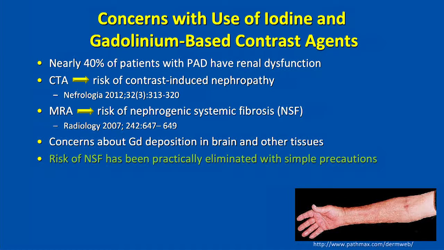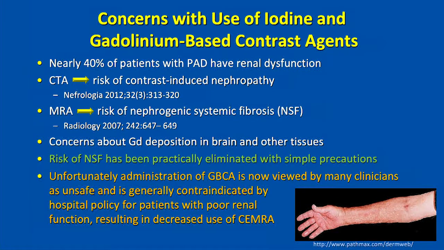Fortunately, the risk of NSF has been virtually eliminated with simple precautions. Unfortunately, however, administration of gadolinium-based contrast media is now viewed by many clinicians as unsafe and is not allowed by hospital policy for certain patients with renal impairment, and this results in a decreased use of contrast-enhanced MRA.